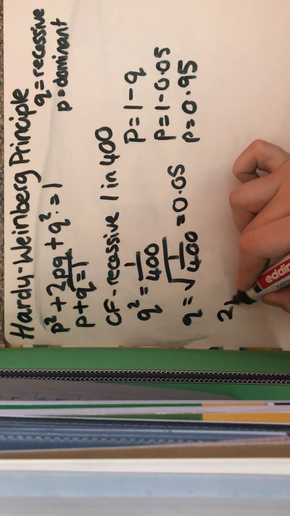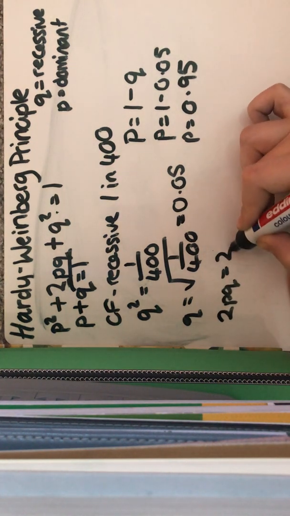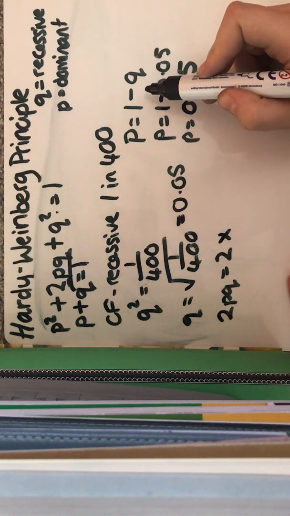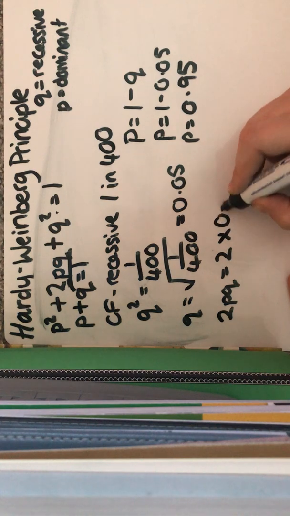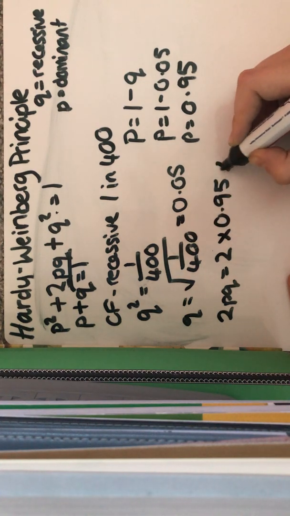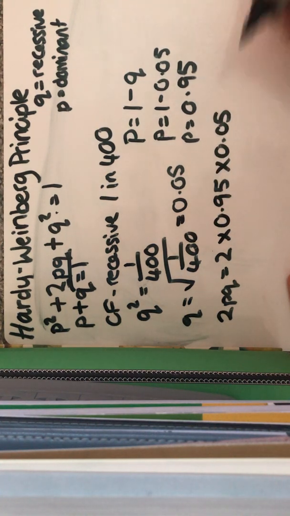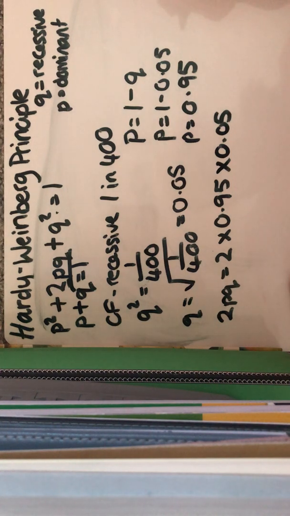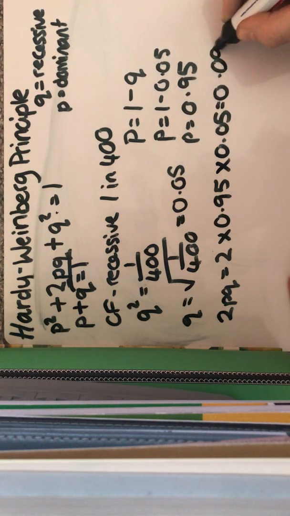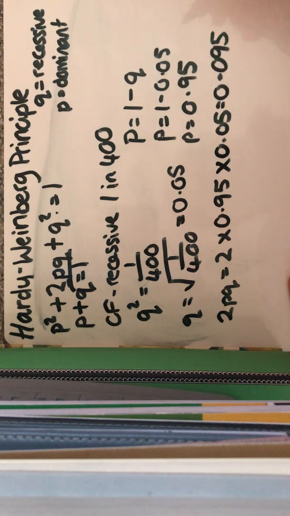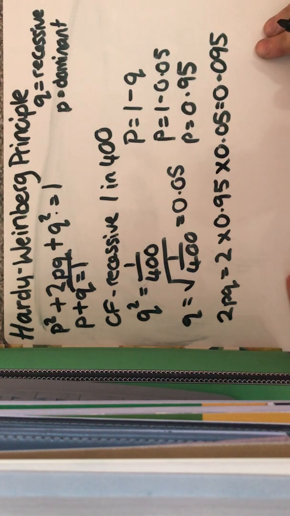So 2pq would equal 2 times p, which we know to be 0.95, times q, which is 0.05. And that 2pq equals 0.095. So that's what 2pq equals.